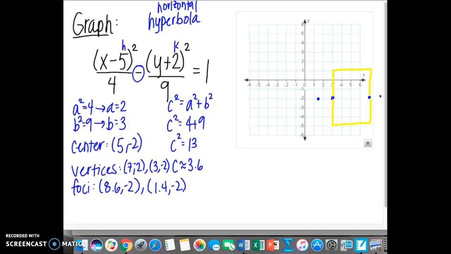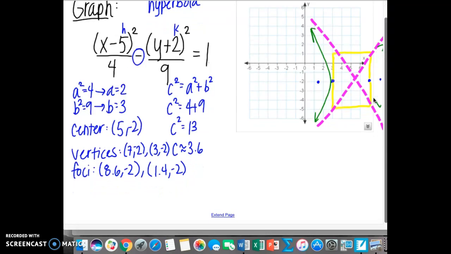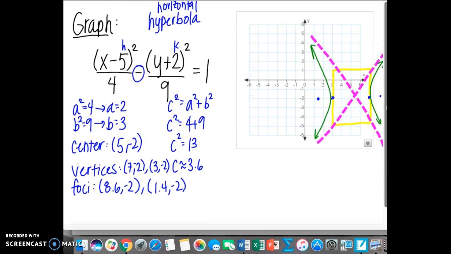So from here, we can go ahead and draw in our asymptotes. And then last but not least, we can finally draw our hyperbola. Okay, so that's how you graph a hyperbola.